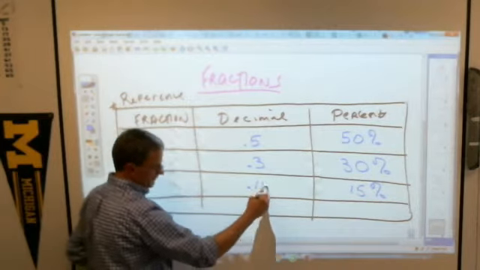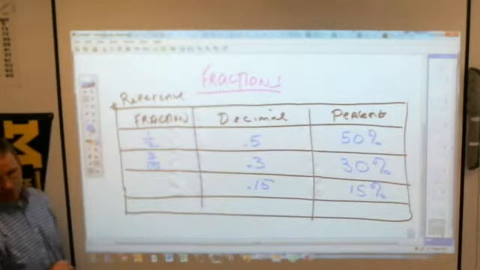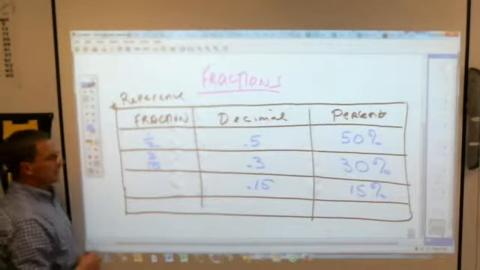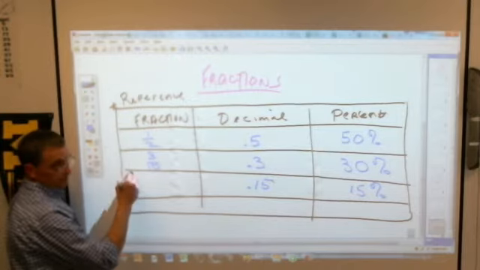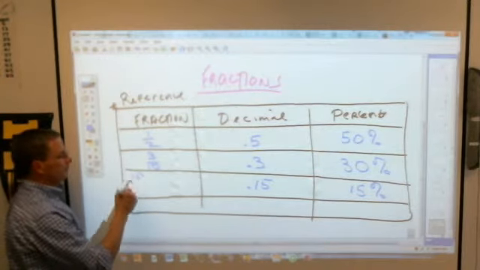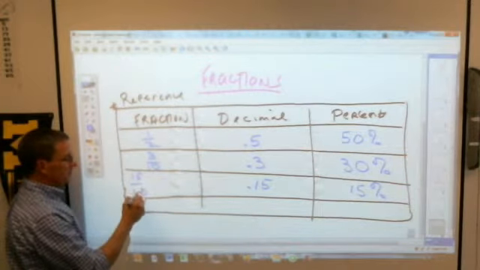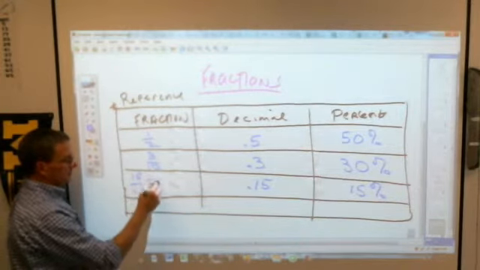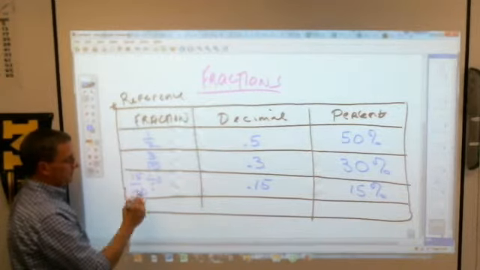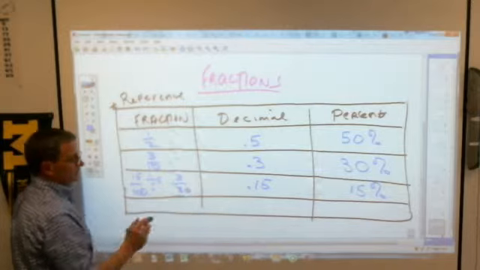So it's 0.15. And then what is that as a fraction? 15 over 100. Except if you put 1500s, you'd probably get it wrong because you can reduce it by what? 5 over 5. Yep, divide by 5 over 5. You get 3 over 20.